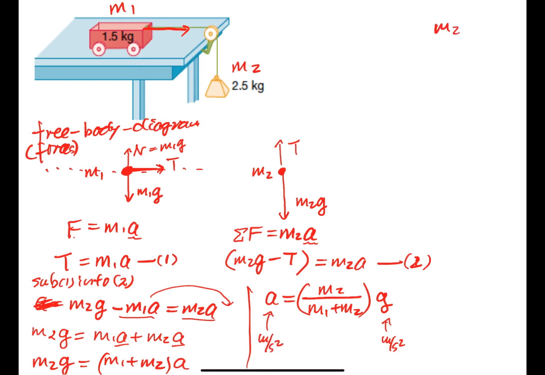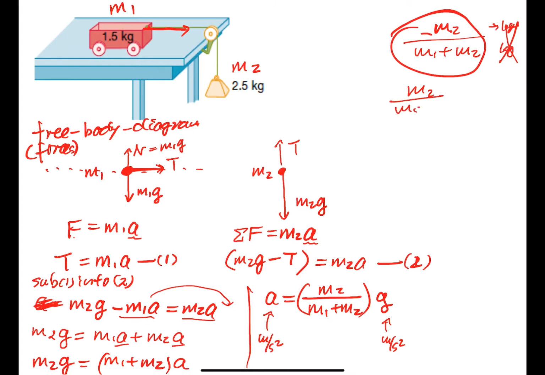If you look at m2 over (m1 plus m2), the numerator is kilogram and the denominator is kilogram, so they cancel out. So this is only a number. Also, m2 divided by (m1 plus m2) is always less than 1.